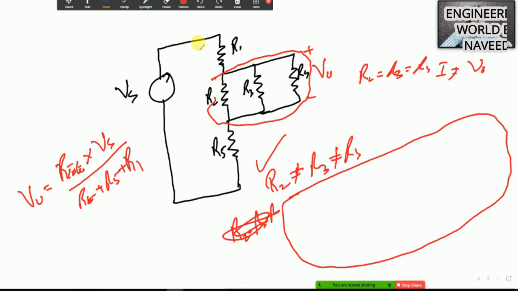If 6 ampere current is flowing over here, and all the resistors are the same, then 2 ampere current will flow across this, 2 ampere across this, 2 ampere across this.